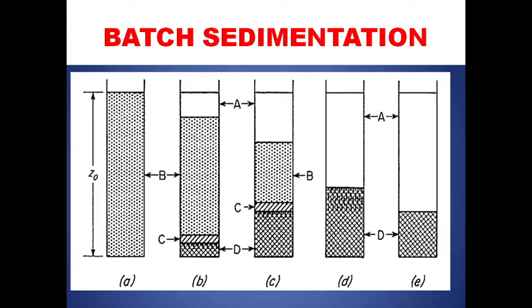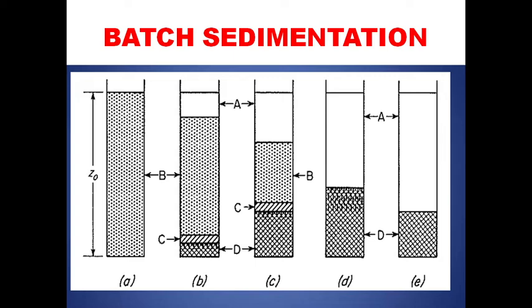Boundaries between zone D and C and between C and B may not be distinct, but the boundary between zone A and B is usually sharp.